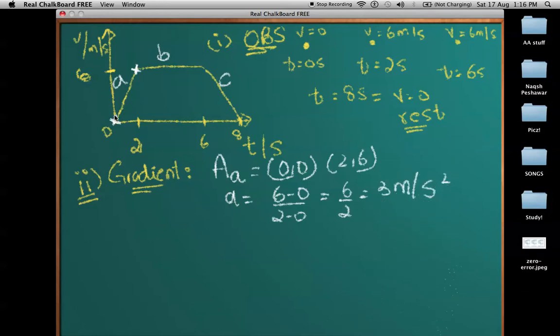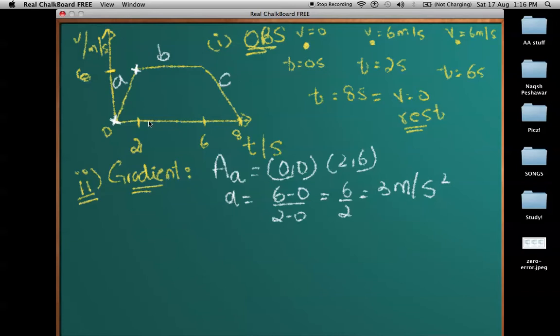Since the gradient gives us the acceleration, this means that initially its velocity was 0, then it accelerated from time t equals 0 to time t equals 2, with an increase in velocity of 3 meters per second every second.